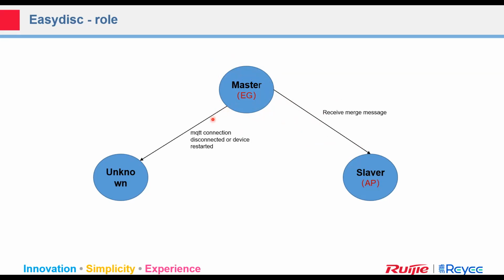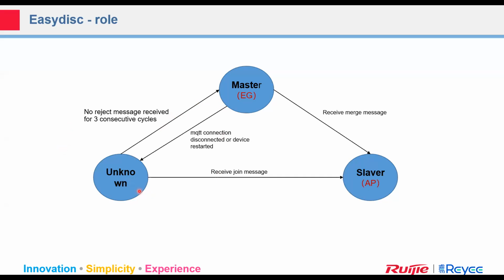If it loses connection or the device restarts, it becomes unknown. If a device stays unknown for more than 3 consecutive cycles, it becomes a master. If an unknown receives a join message, it becomes a slave. If a slave disconnects from the network or the device restarts, it becomes unknown.